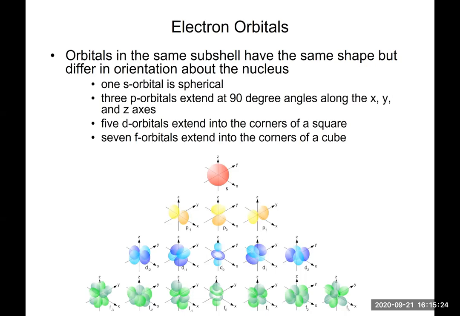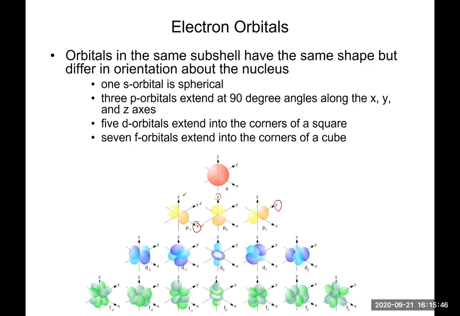And so there will be 1 on each axis. We'll have 1 along the x-axis, 1 along the y-axis, and 1 along the z-axis. So you can see here is the one that's on the z-axis. This one is on the y-axis, and this one is on the x-axis.